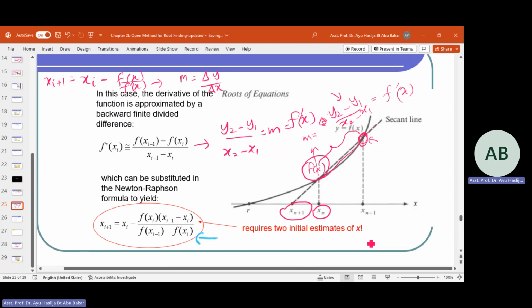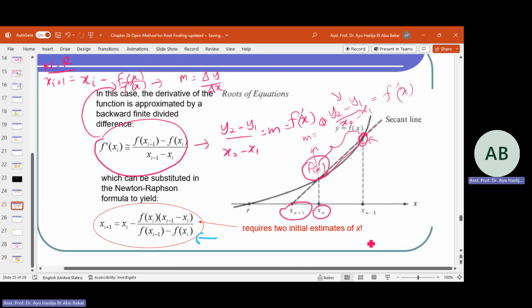Okay, so substituting this equation into the Newton-Raphson equation. Okay, this one is the Newton-Raphson equation.